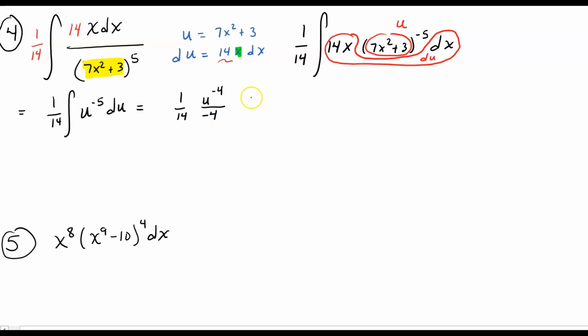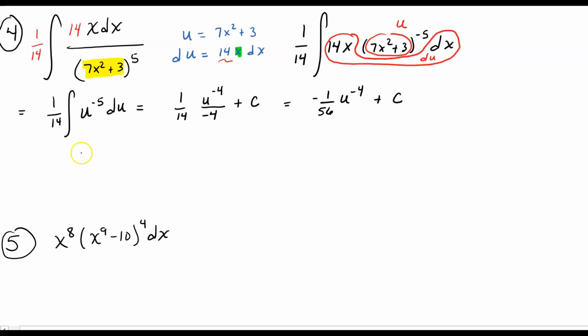And then what do I get? I get plus c. So then I end up with negative 1 over 56, u to the minus 4 plus c.